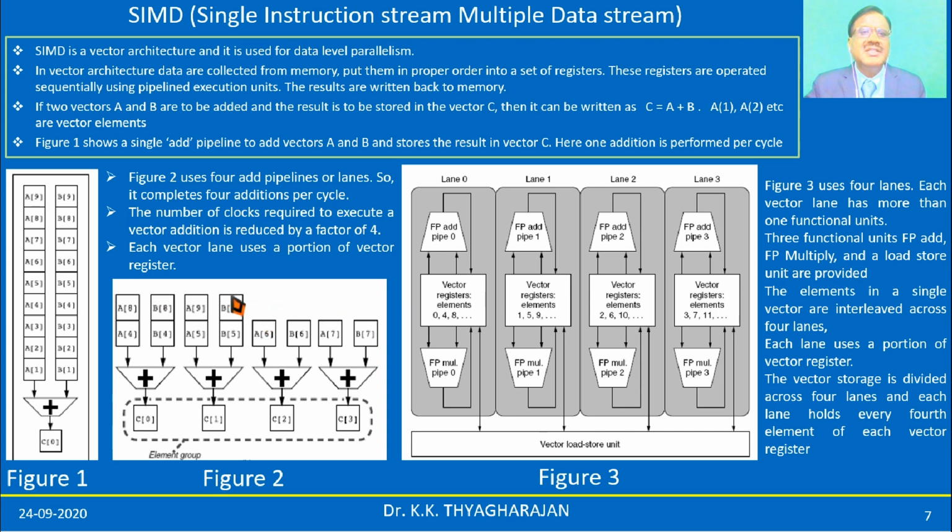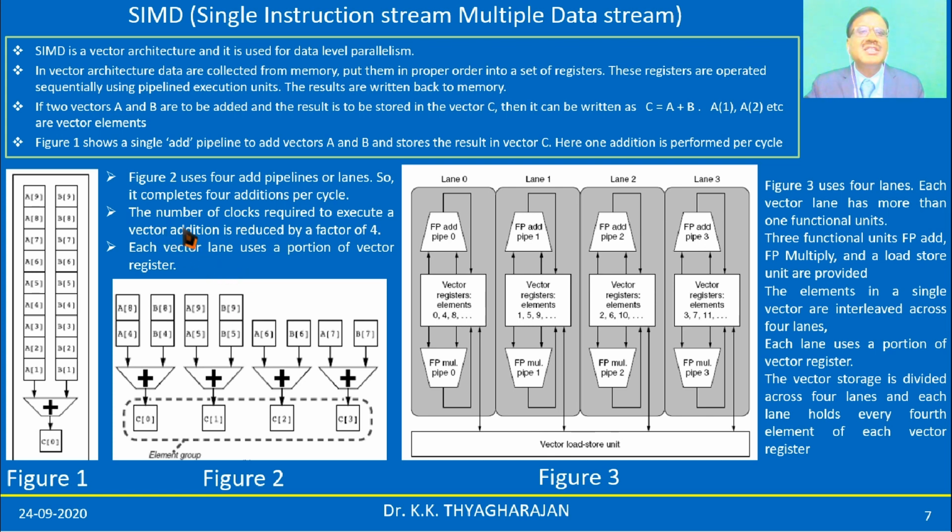Now, you see this second figure. Here we have 4 add pipelines, or 4 add lanes. In this case, the elements in the vector are interleaved across these lanes. That means every 4th element in the vector will be put in the same lane. For example, A4 is put here, then B4 is put here.